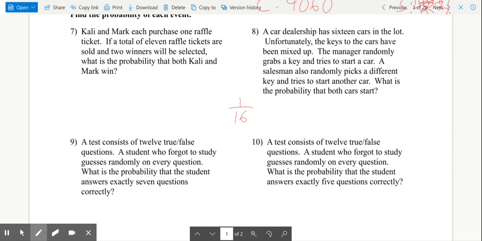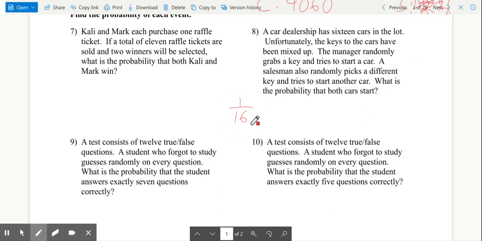The other guy grabs a key. Well, now there are only 15 keys. So he has a 1 in 15 chance. Assuming that this one worked, there are now 15 cars that he can also try. We're assuming that this one worked, because if this one didn't work, then this scenario is not going to happen anyway, right?